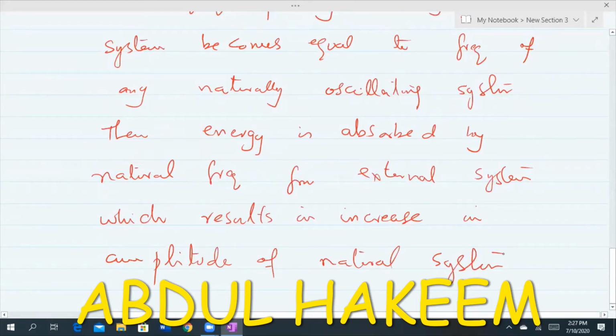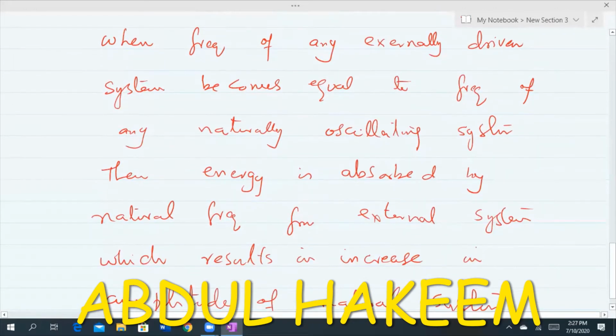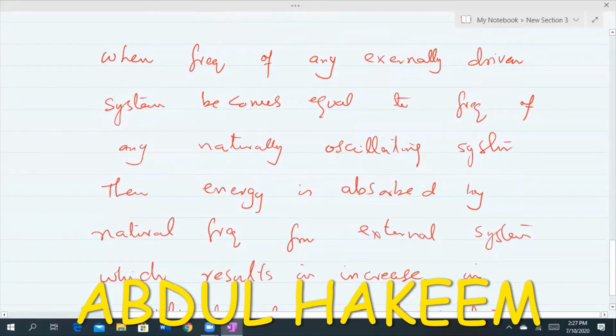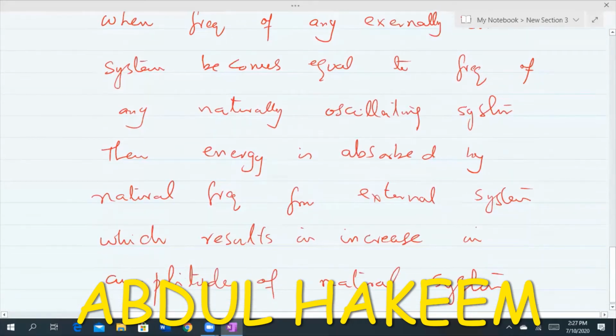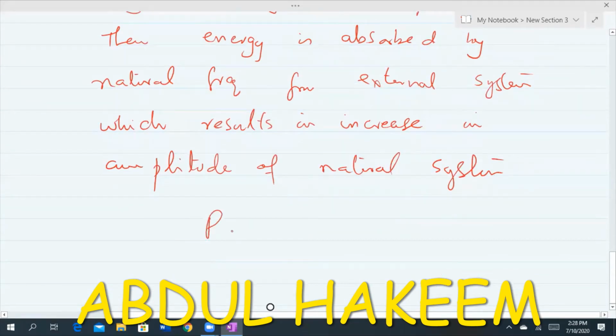So this is very, very important for resonance. So when the frequency of the externally driven system matches the frequency of the naturally oscillating system, the natural oscillating system absorbs energy and increases its amplitude. This is called resonance.